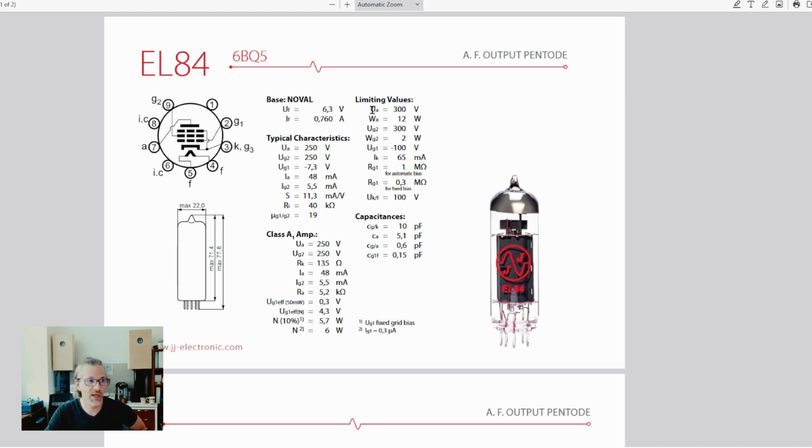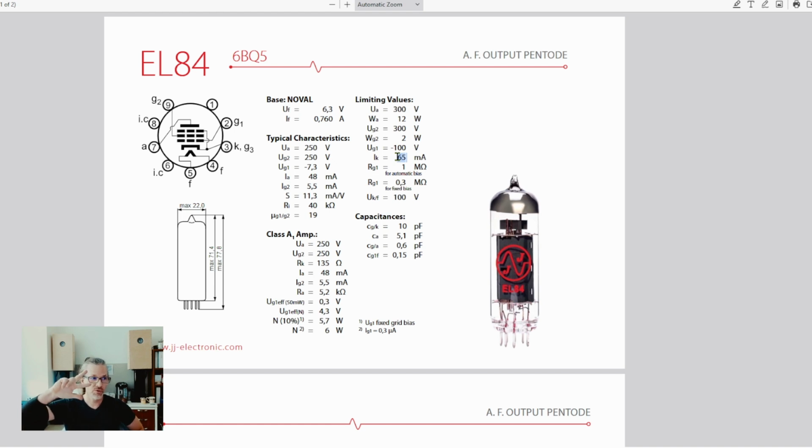It says UA, which means the plate voltage, anode voltage maximum is 300 volts, and WA, that's the power, 12 watts, so it means 12 watts anode dissipation. And IK, that's 65 milliamps right here. It means the anode current, 65 milliamps.